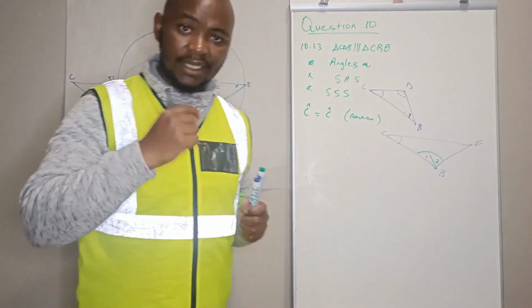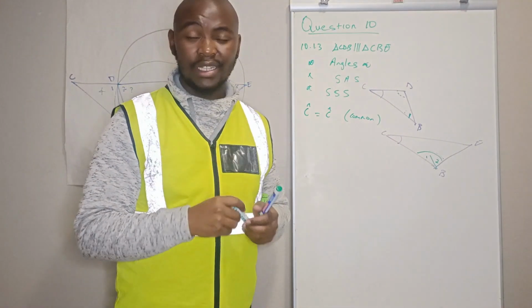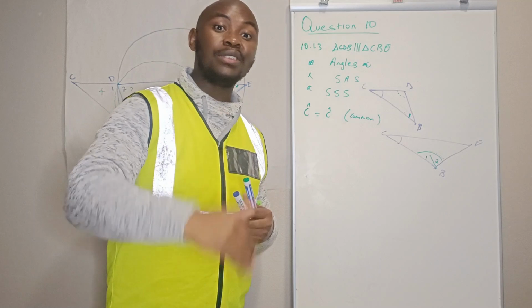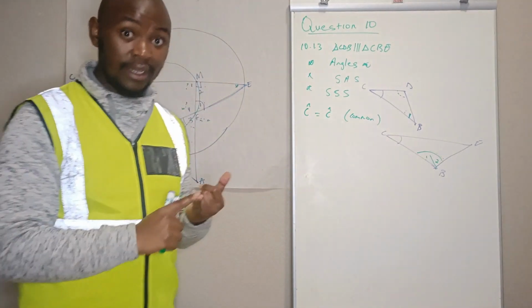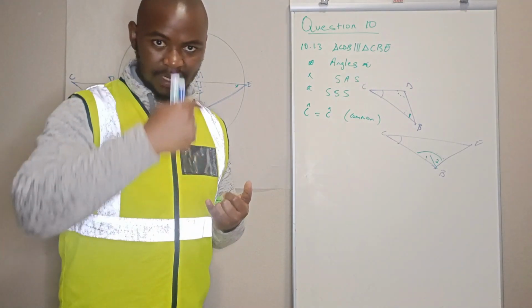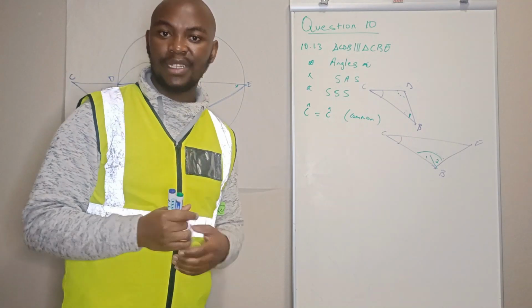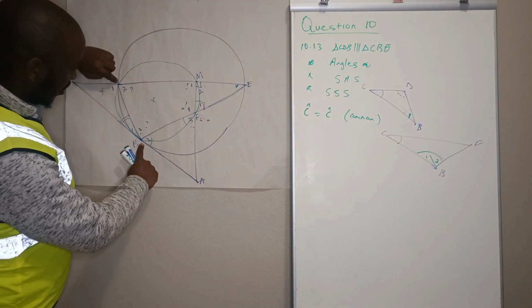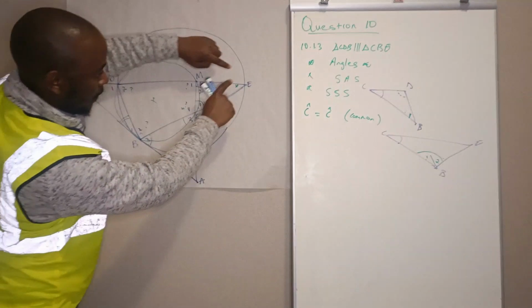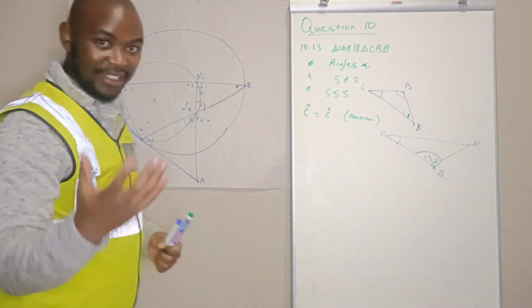The theorem that says the angle between a tangent and a chord is equal to the opposite interior angle relates two angles. We found the first one. Now we need to find which is the interior angle that is subtended by that chord. There's the chord DB. What angle does it subtend? E. That's it.